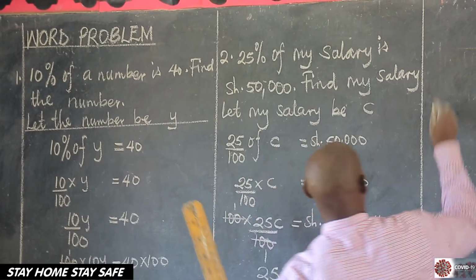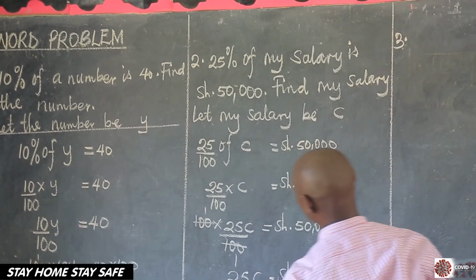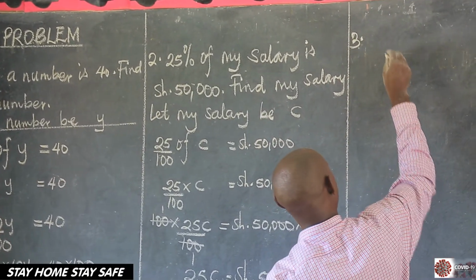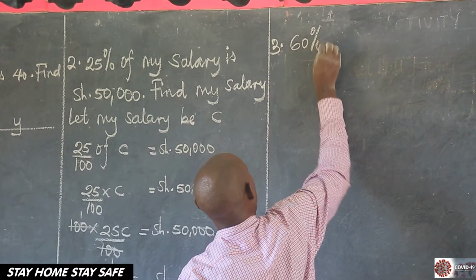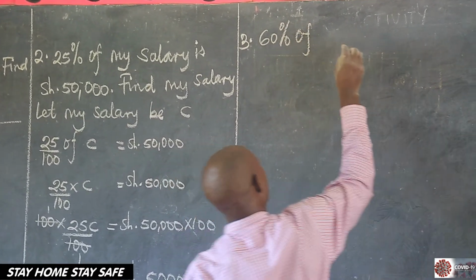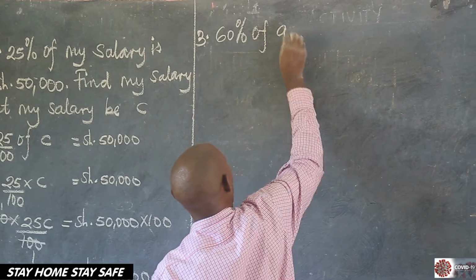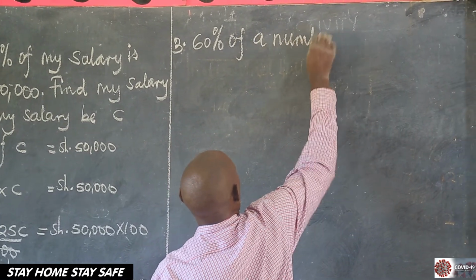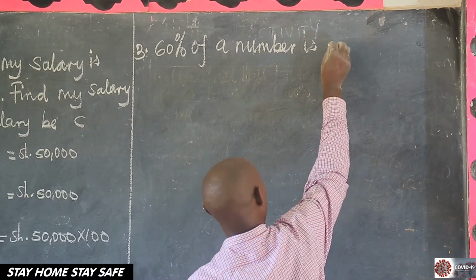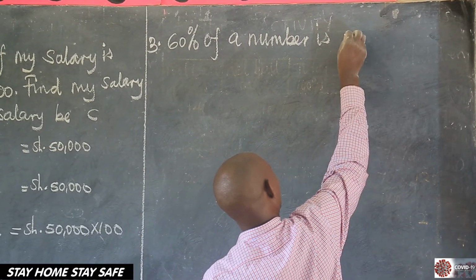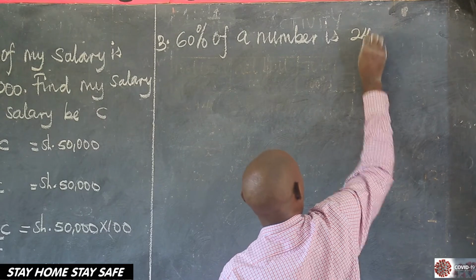So we can have example number 3, whereby we can say 60% of a number is 240.